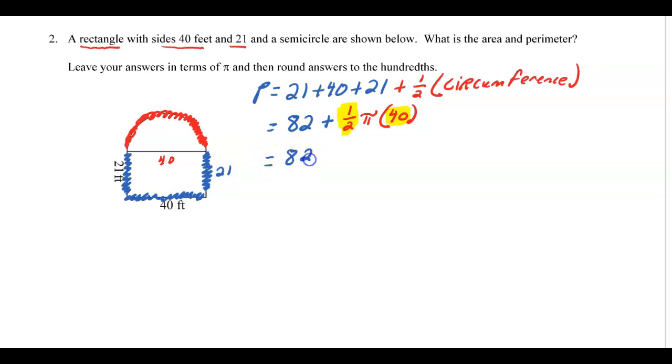So the SAT answer is 82 plus 20 pi, and the unit would be feet. And then using my calculator, I will get that as approximately 144.83 feet.